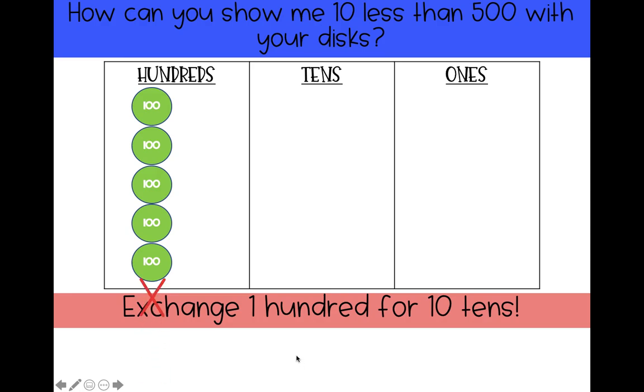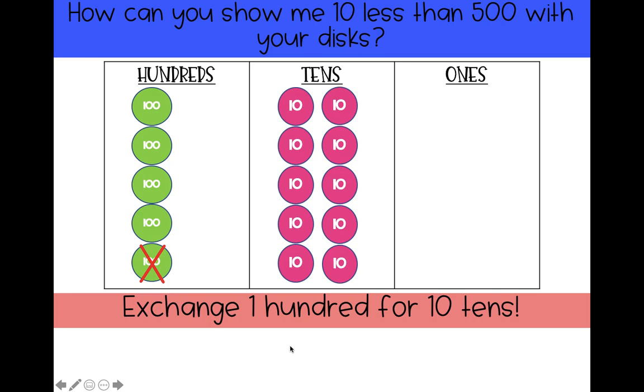So let's cross out 100's disc and draw 10 tens discs. See how we still have 500 shown on our place value chart? This time we showed 500 using 4 hundreds and 10 tens because we know that 10 tens is the same as 100.